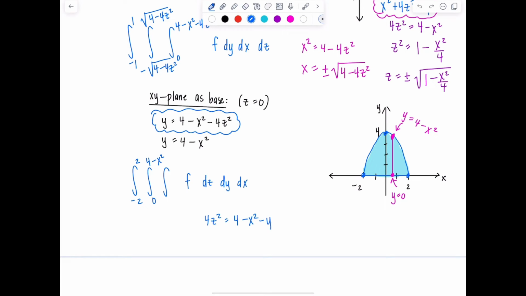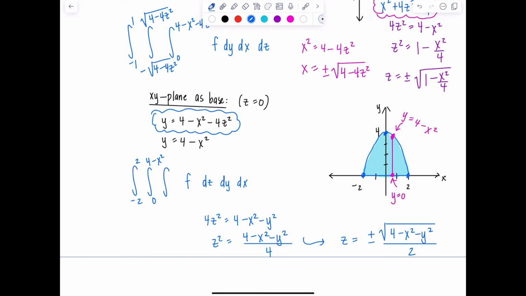And then z squared is 4 minus x squared minus y squared over 4. So z equals plus or minus radical. Actually, I can split up the radical, so let me just do the root of the numerator over 2: radical 4 minus x squared minus y squared over 2.